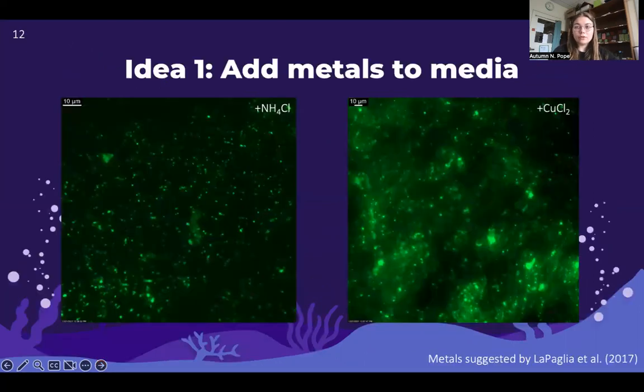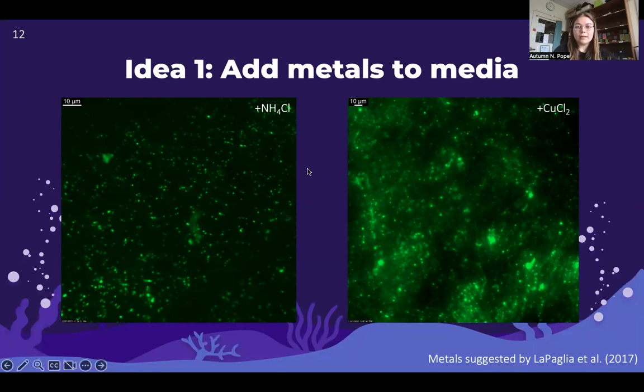My first big project with this was based on a paper I read that used metals to induce biofilm production in a similar species called Archaeoglobus fulgidus.